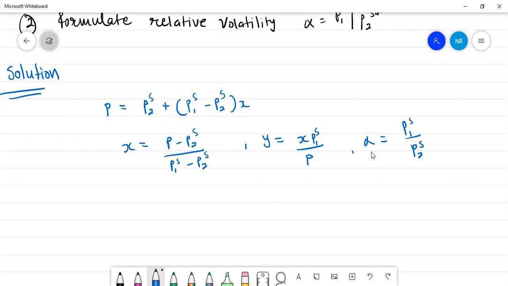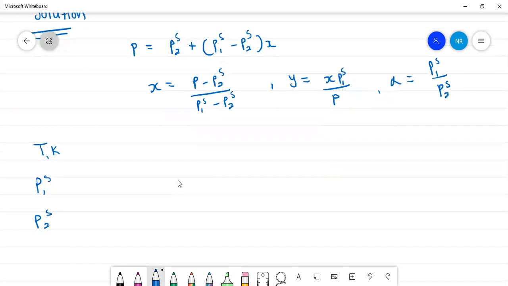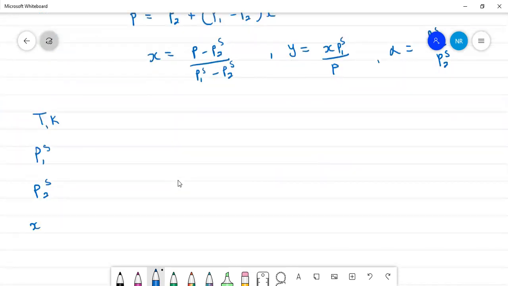Then let's have a table with T, P1 saturation, P2 saturation, X, Y. Let me do this in Excel, because in Excel it's effective and fast. So let me do this in Excel.